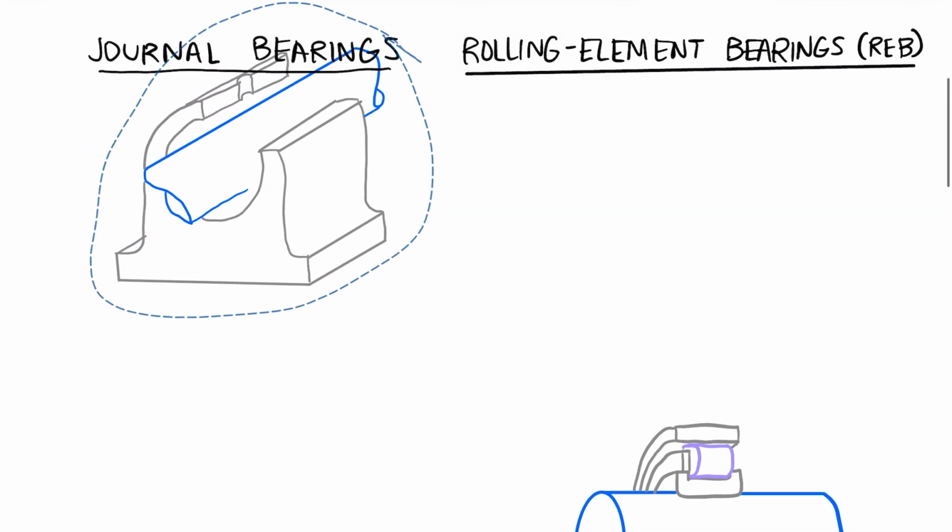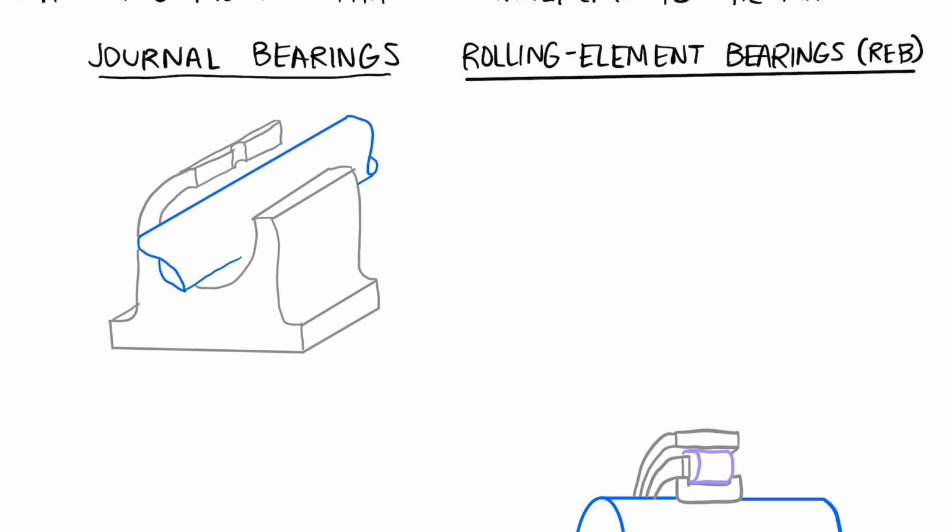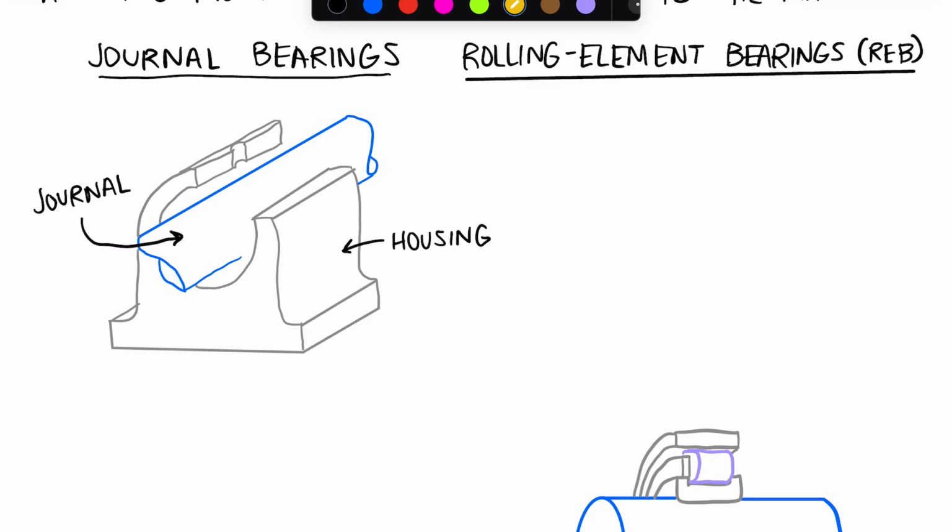So let's start with the journal bearing so that we can label some of the components here. A journal bearing has a journal, which is what the shaft is referred to as, and it has a housing, which is this gray color on the outside. The journal bearing also, importantly, has lubricant, and this is what allows for relative motion of these parts without too much resistance.